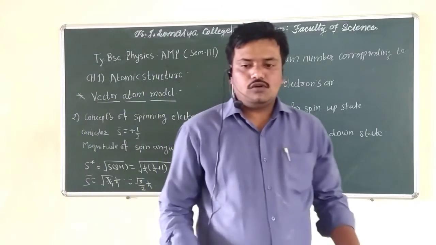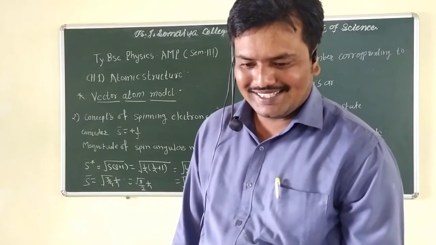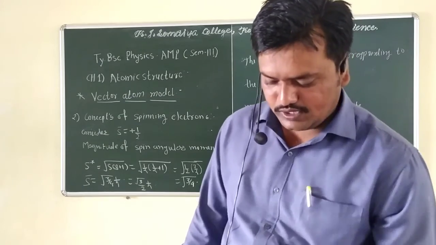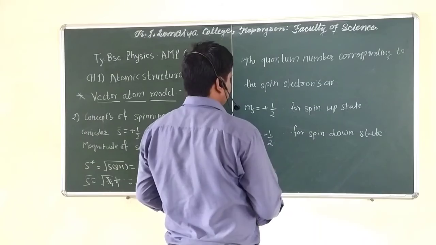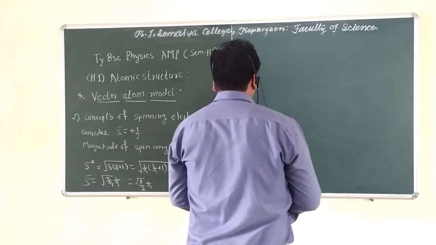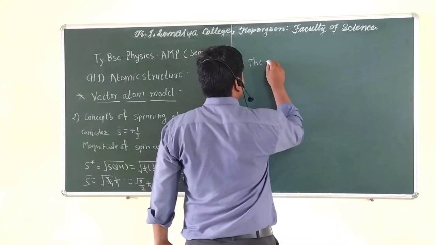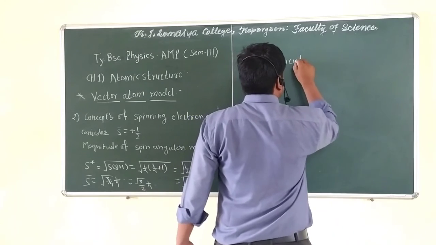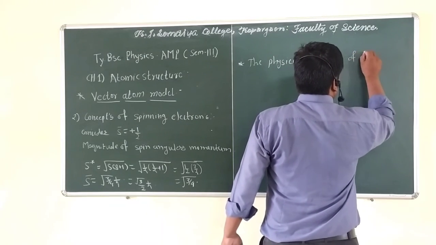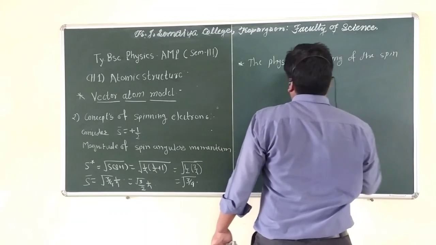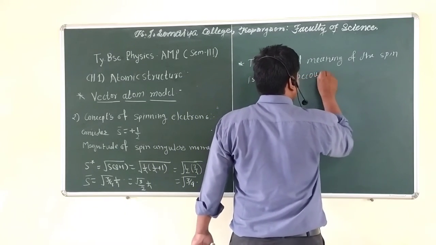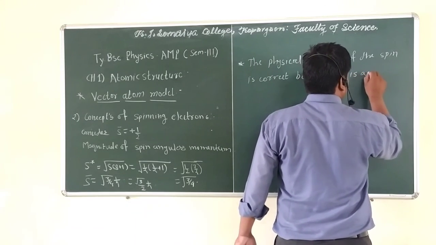So for the physical meaning, according to quantum mechanics, the physical spinning of an electron is not correct, because the electron is a point particle.